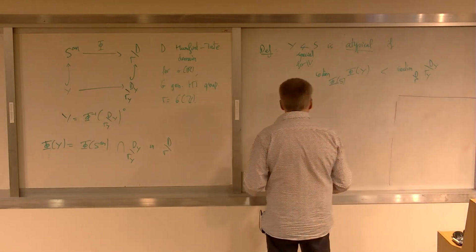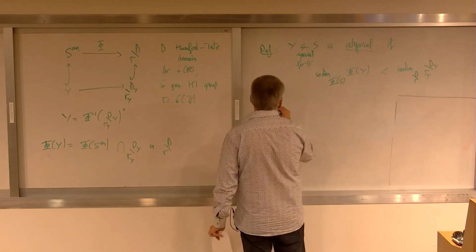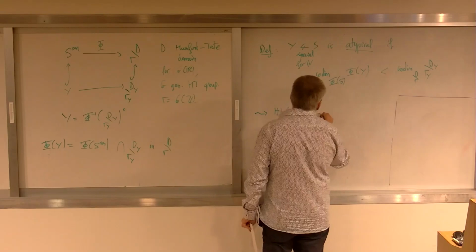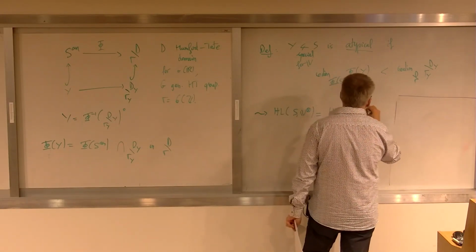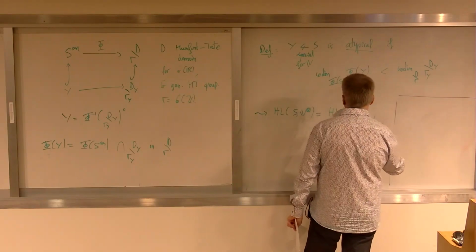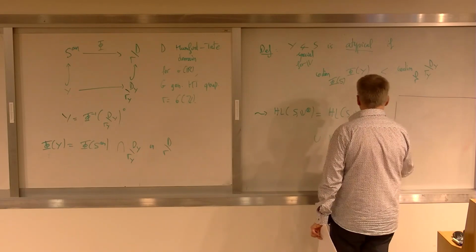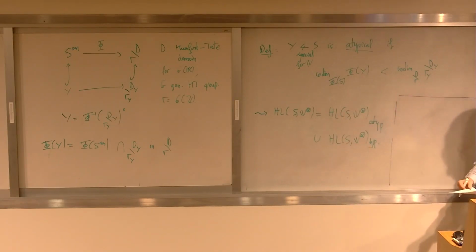And otherwise, I would say that it is typical. And so out of this, you get the natural decomposition of your Hodge locus as the union of the atypical one, union the typical one. Okay? Just tautologies up to now.